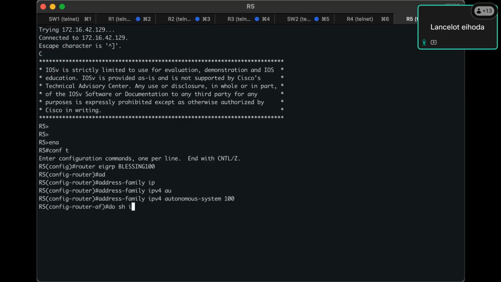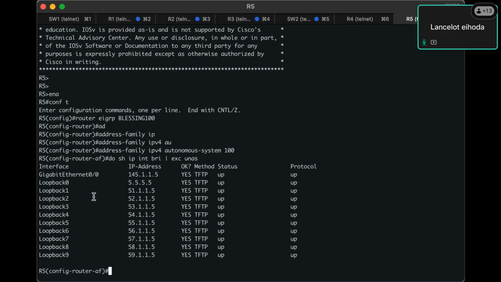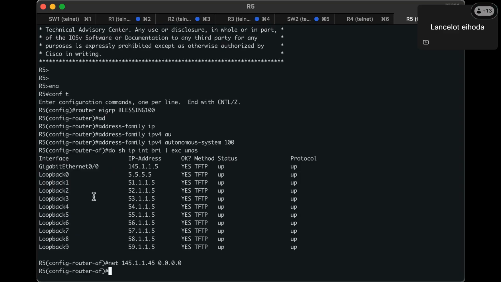Let's do an IP interface brief so that we know what we actually send in. So let me send in the first loopback and then the gigabit interface. So the network will be 145. Sorry, the participating interface.